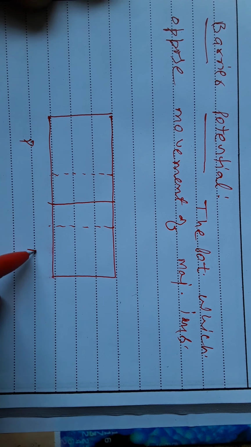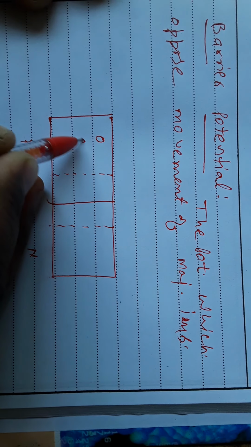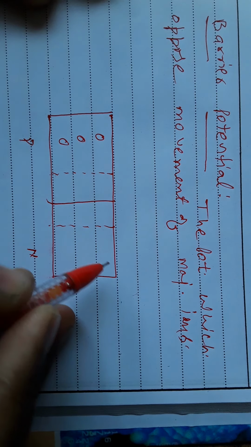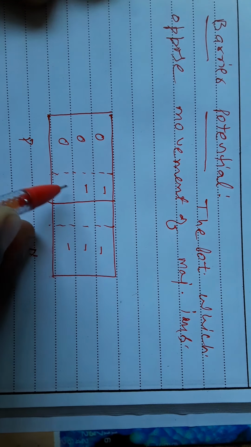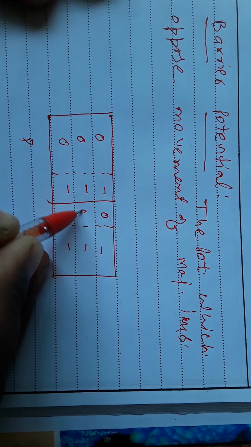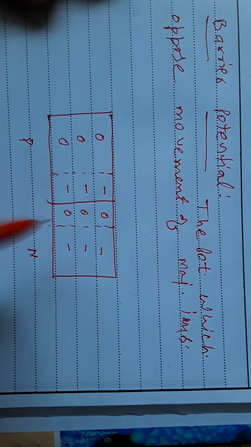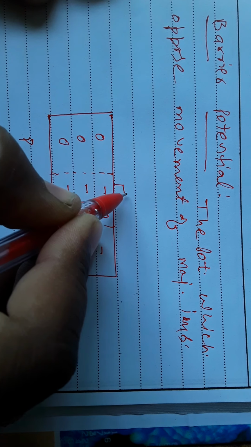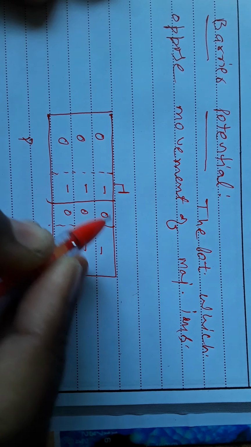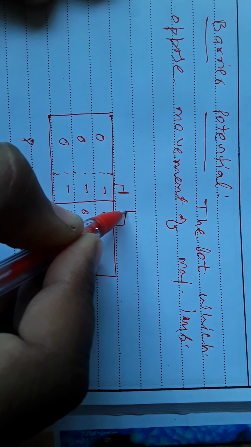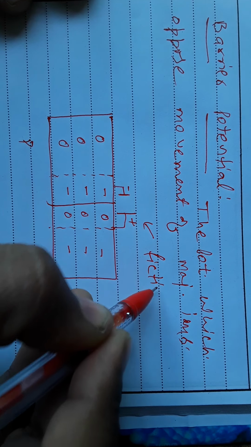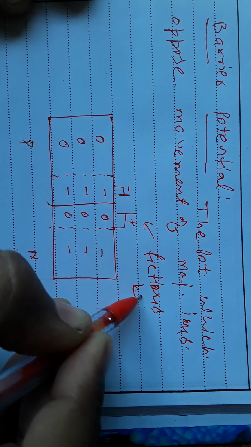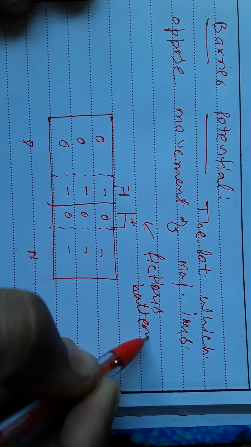This is P side, this is N side. It contains majority holes. It contains majority of the electrons. These are the fixed ions in the P region and the N region. So, it forms negative potential, and this is positive potential. We can say this is a fictitious battery.